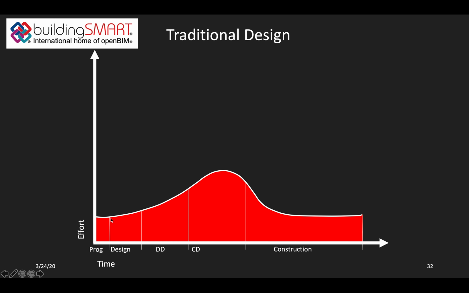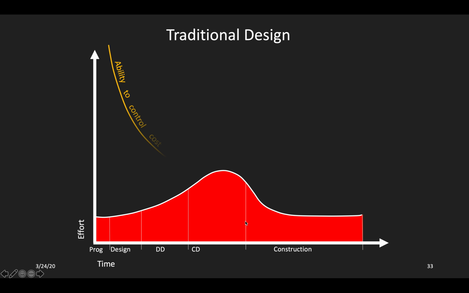At the beginning, it might be lower, and then gradually increase. In the construction documenting phase, it's at the peak point, and then slowly goes down going into the construction phase, right?